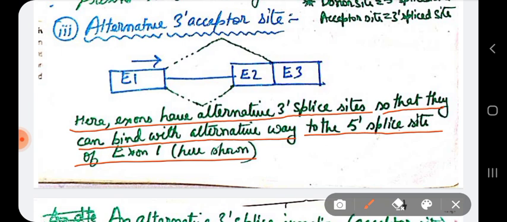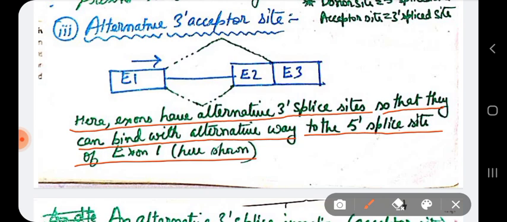Again I repeat, here in alternative 3' acceptor site, the exons having an alternative 3' splice site can bind in an alternative way to the 5' splice site of exon number 1.